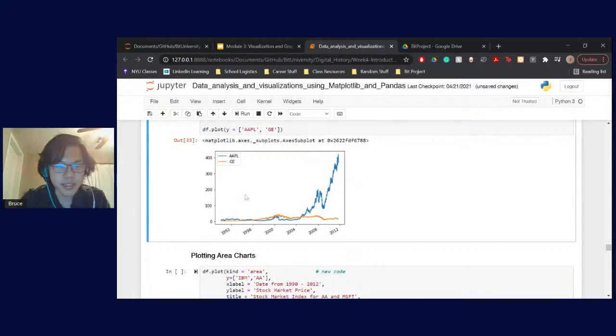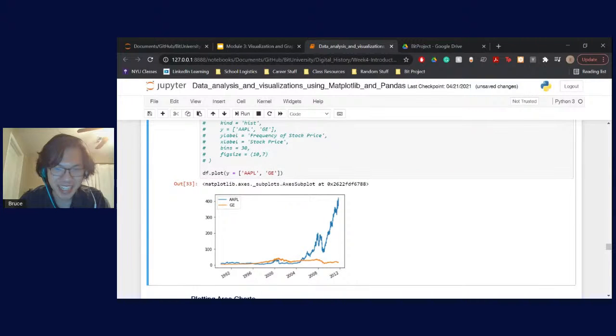Yeah, it does. Apple has spent a lot of time being a not very pricey company, and then spent a little bit of time being a very pricey company. GE, on the other hand, has spent a lot of time being a not very pricey company, and has spent no time being a very pricey company.